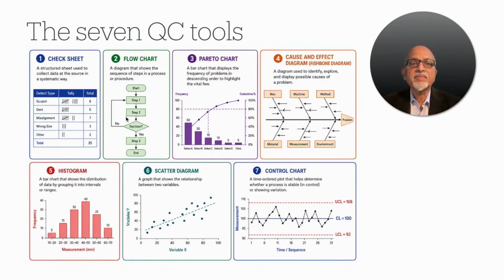Or if we want to optimize a process further, we can use flow charts there as well. So this is basically to analyze the process flow. Then we have Pareto charts, cause and effect diagrams, histograms, scatter diagrams, and the control chart, which we will explain in detail as we progress.